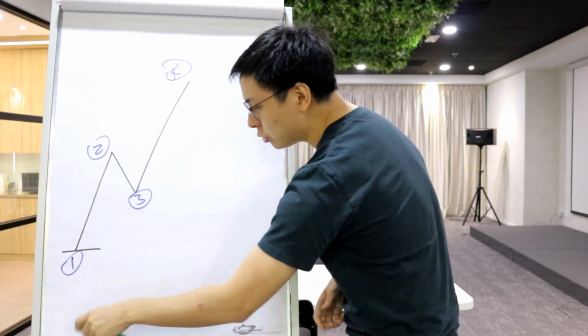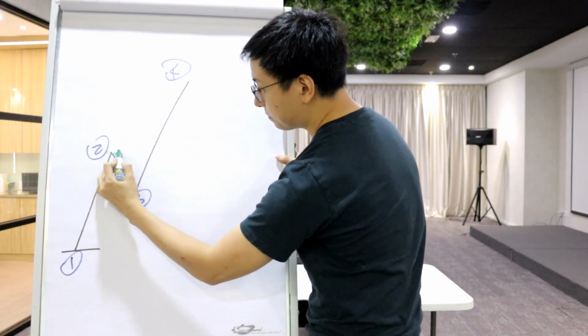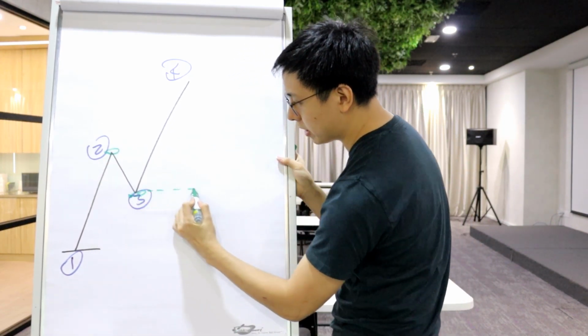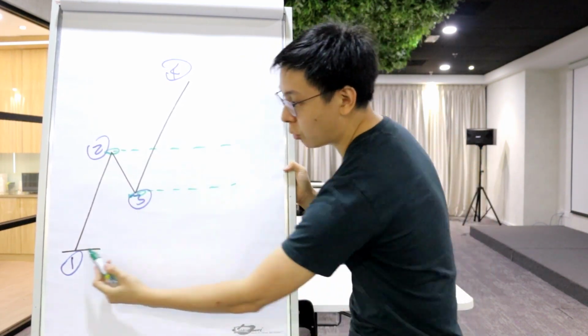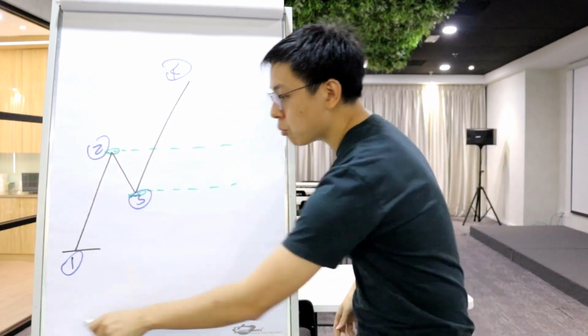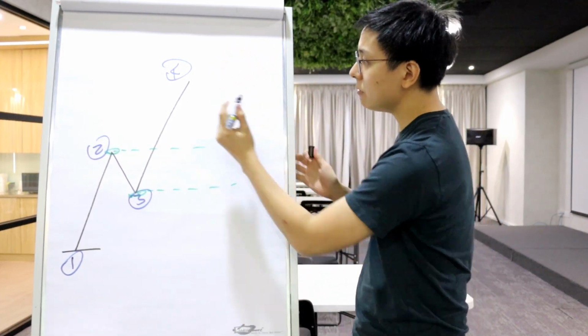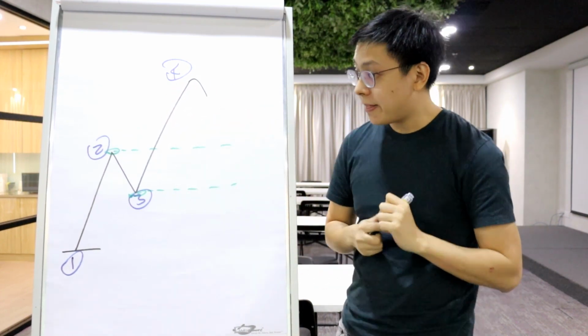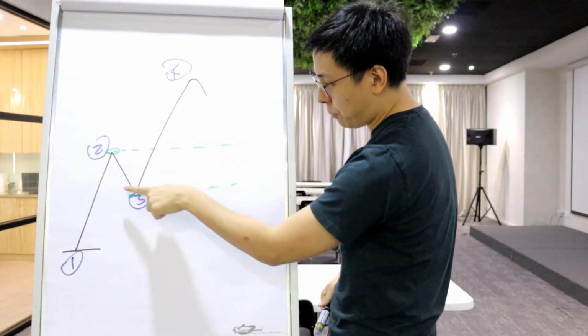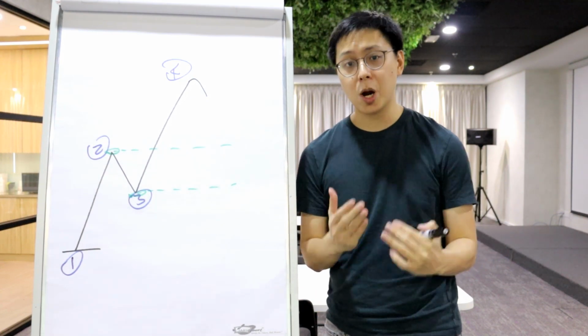You also want to understand that these are significant levels, because that's where price has had a reaction. If price were to come down a little bit, this here is again a significant level. Then point 2 and point 3 are what we call structural levels.